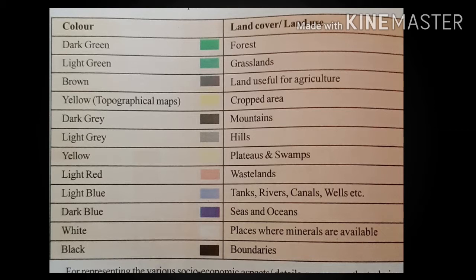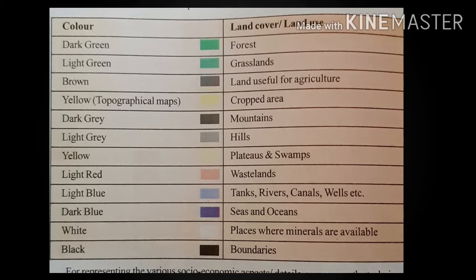Swamps means loose soil structure. Light red wastelands, light blue tanks, rivers, canals, wells, dark blue seas and oceans, white places where minerals are available, black boundaries.